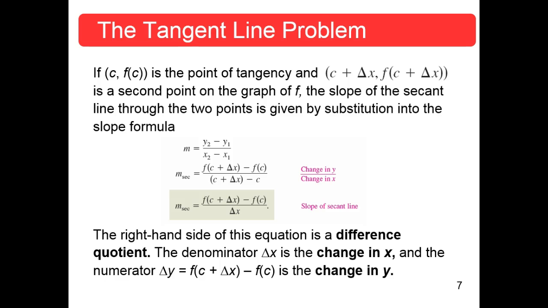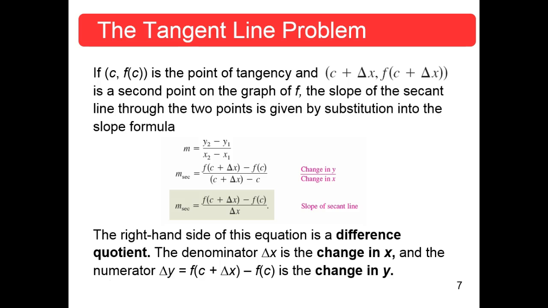The tangent line problem, they want you to do it the way they did in 1.2, just doing a limit. We're going to start with that, but then we're going to find a lot better way to do it. Okay. Now, was that your question?